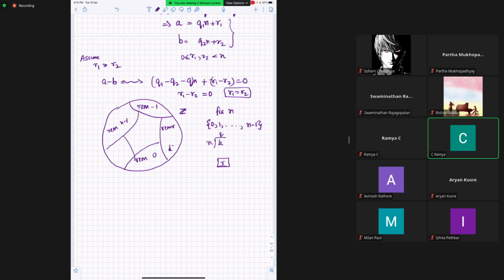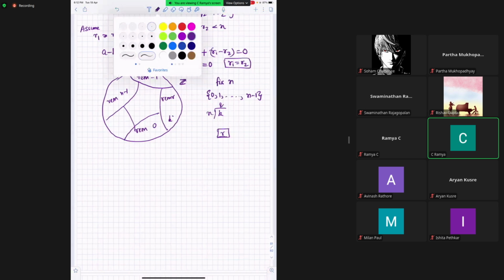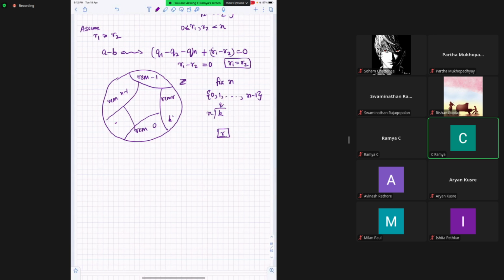So what is one natural question that you can ask right now? I know that any integer I can put into one of these bags. So let's take two elements here, k1, k2, and add them. Will it go outside the bag? It is possible. Will k1 plus k2 go to another bag?